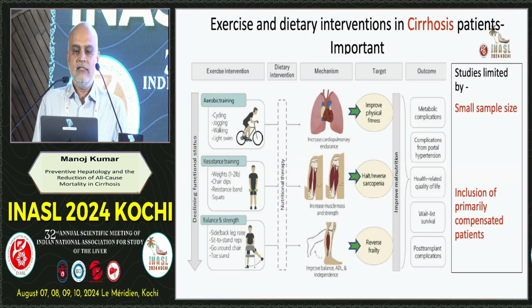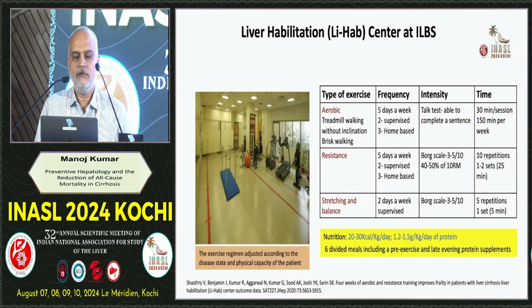Now, exercise and dietary interventions in cirrhotic patients are very important. There are various exercise interventions, aerobic training, resistance training, strength training, and they can improve physical fitness, reverse or halt sarcopenia, and reverse frailty also. Studies are actually quite limited by small sample size, and this was our experience.